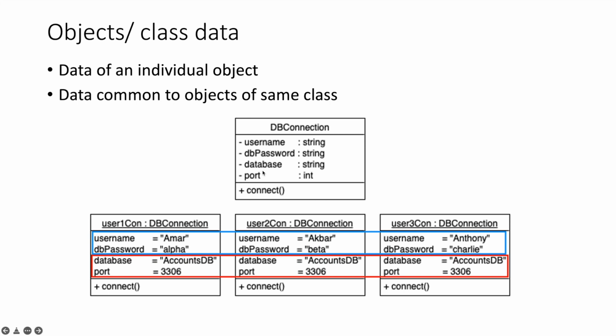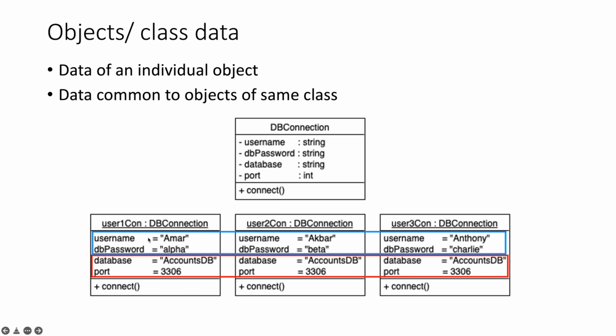Let us consider different object creations of this class for different users. There are three different users, namely say Amar, Akbar and Anthony. Now for Amar an object is instantiated because of course Amar, as a client to the application, would like to use the database services.